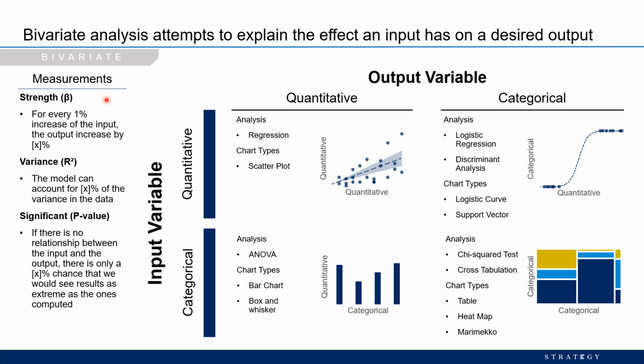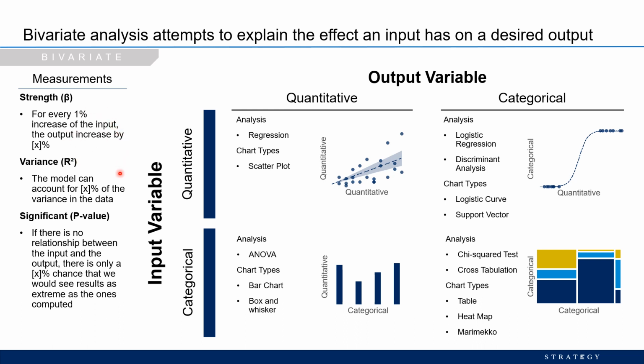Now, number one, strength. Strength is basically describing the effect of the input variable on the output variable. For instance, if your input variable increases by 1%, then your output variable would increase by X%. That is a statement of strength.